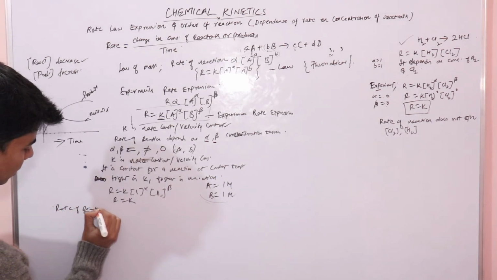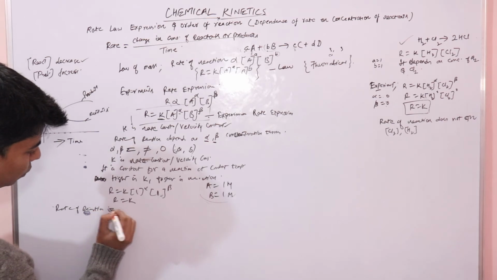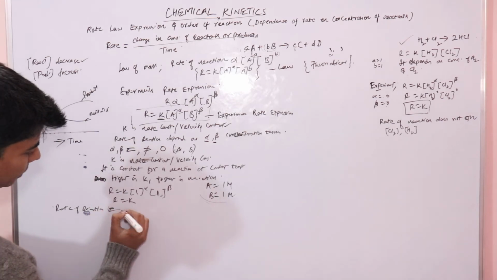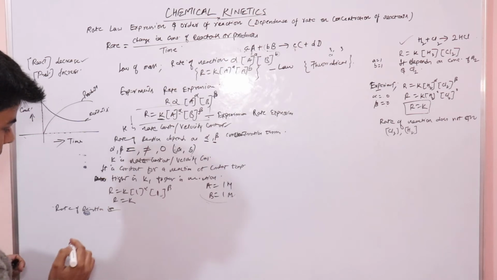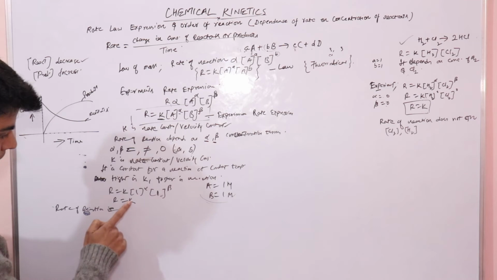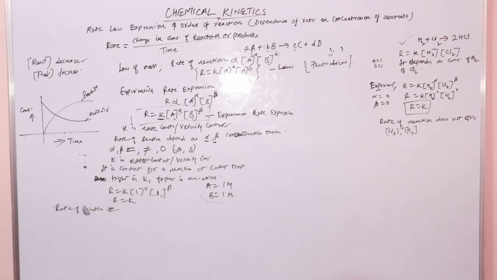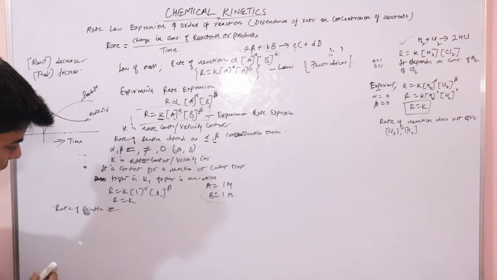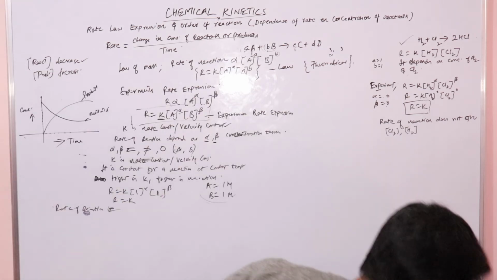So rate of reaction is equal to your rate constant. Here the rate constant would be defined as the rate of reaction when the concentration is taken as unity. So rate constant, let's just define it over here.